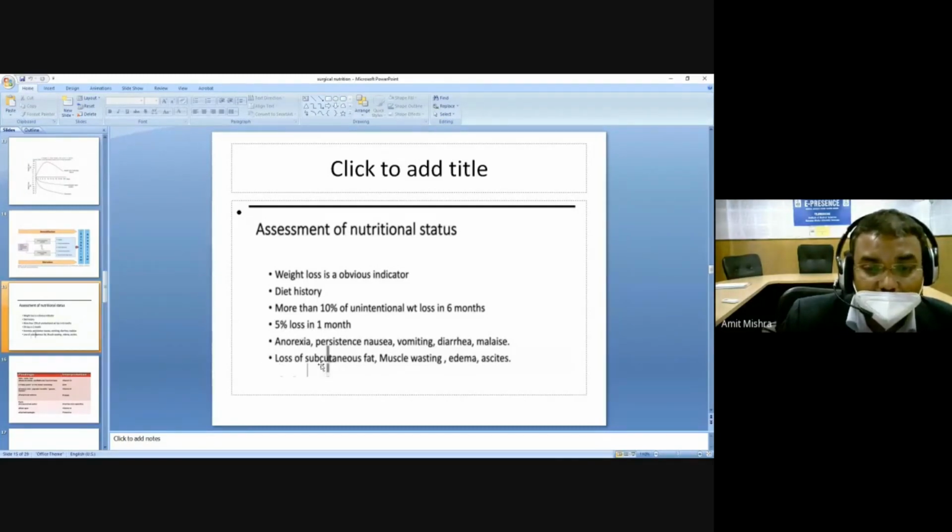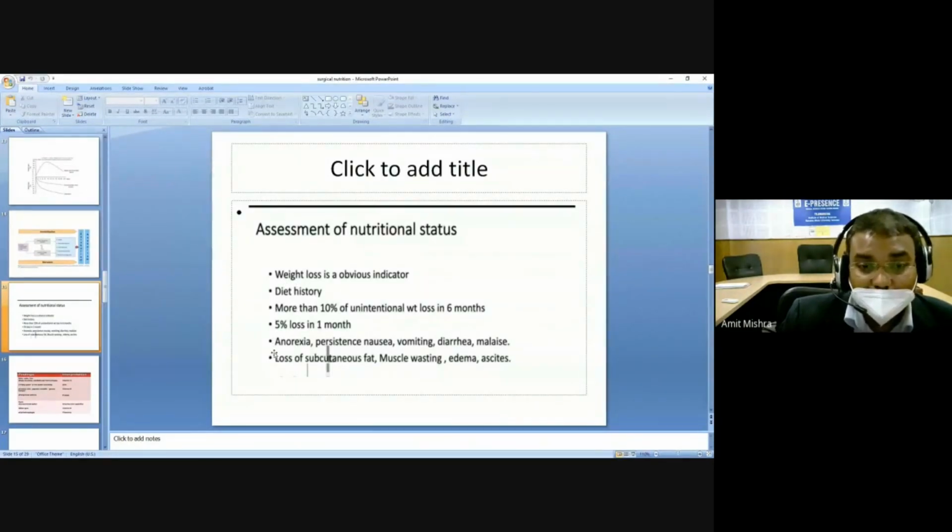Then loss of subcutaneous fat, muscle wasting, edema, and presence of ascites are also important tools for the assessment of nutritional status. So I'm just repeating: significant weight loss, more than 10% unintentional weight loss, and 5% loss in 1 month. That is better calculated by the dietitian, who has an important role here.